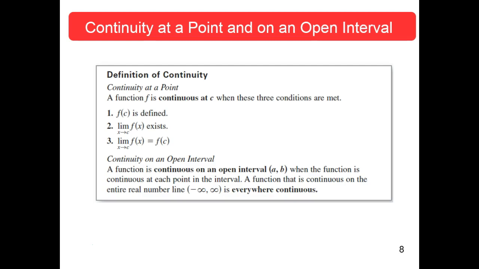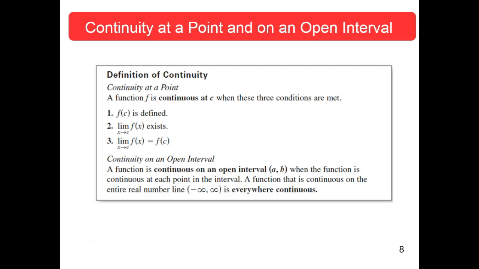All right. Now let's talk about continuity. This is continuity at a point on an open interval. The function is continuous on open interval a to b. Now y'all do understand the parentheses indicate the interval means everything between a and b.